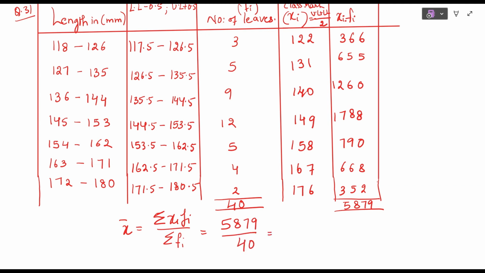So divide by 4 and take one decimal point. 4 ones are 4, 5, 4 fours are 16, 4 6s are 24, 4 nines are 36. Here point. You will get 4 sevens are 28 and 5. So 146.975 is the mean length of the leaves.